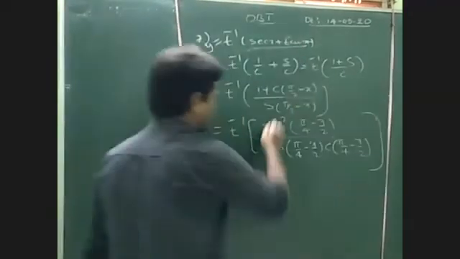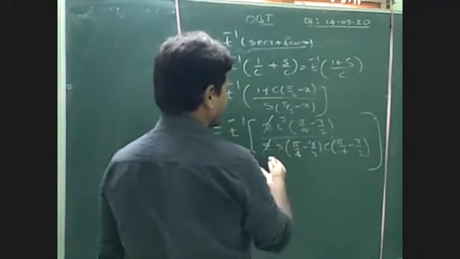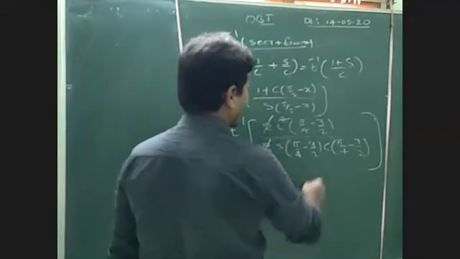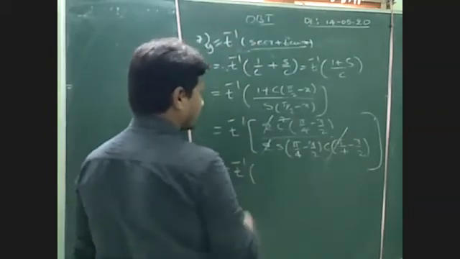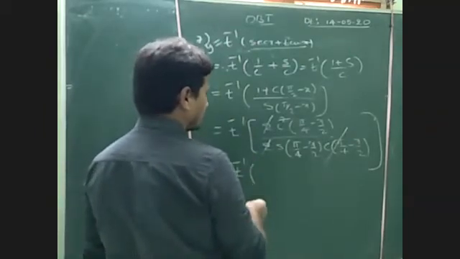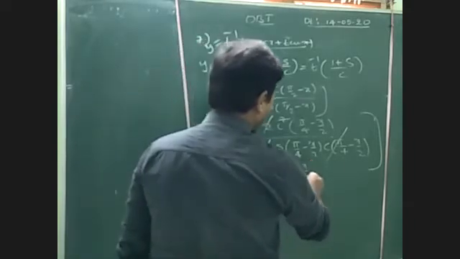Is it clear? The 2 and one cos get cancelled. Then cos by sin, tan inverse of cos by sin, is cot of pi by 4 minus x by 2.